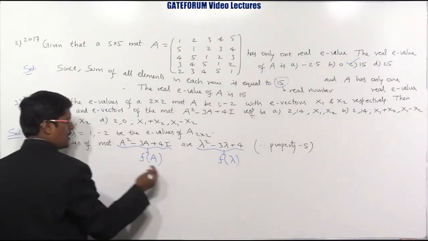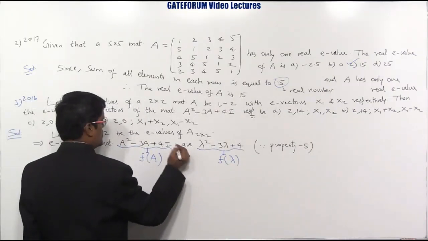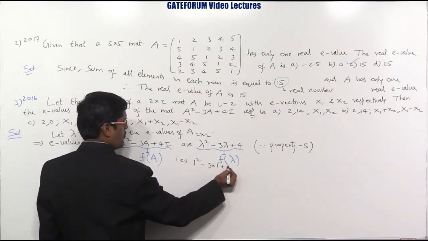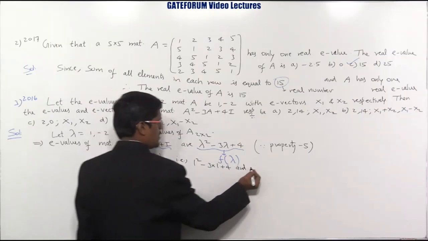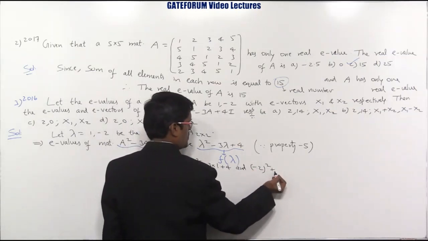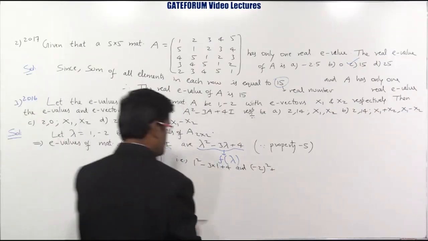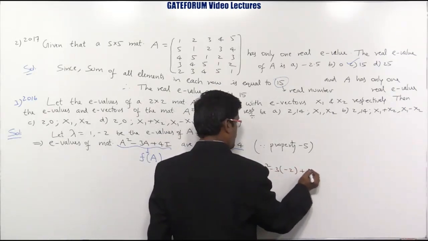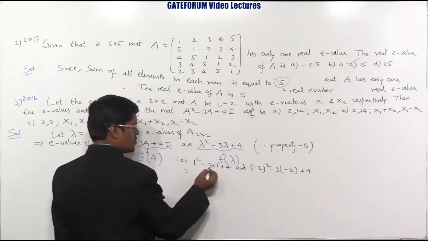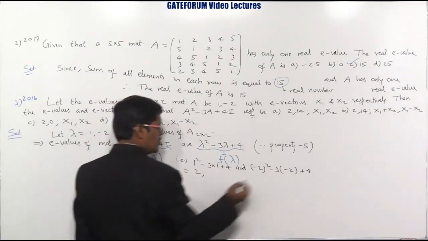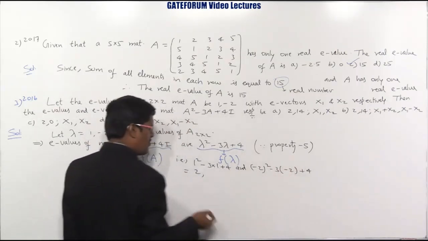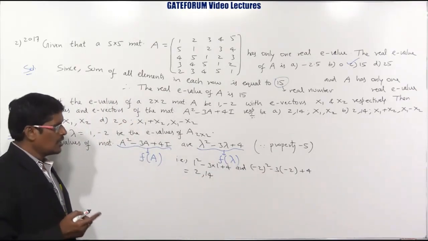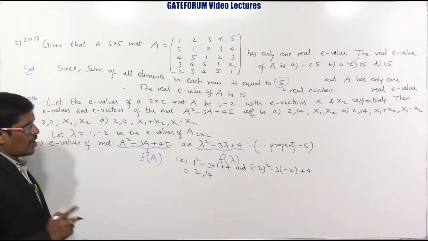So substitute each lambda: 1 square minus 3 into 1 plus 4, and substitute minus 2: minus 2 whole square minus 3 into minus 2 plus 4, which simplifies to 1 plus 4, 5 minus 3, 2; 4 plus 6 plus 4, 14. 2 comma 14, which are in 2 options. So 2 options are neglected. We have to decide either A or B.